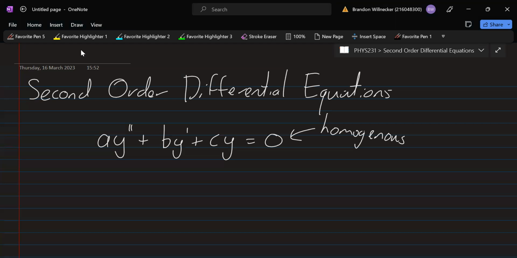So how do we solve this? What we do is we make an educated guess at a solution of the form y equals e to the lambda x. So we guess that this is a solution to this equation. And a little homework exercise: why is this a good guess?